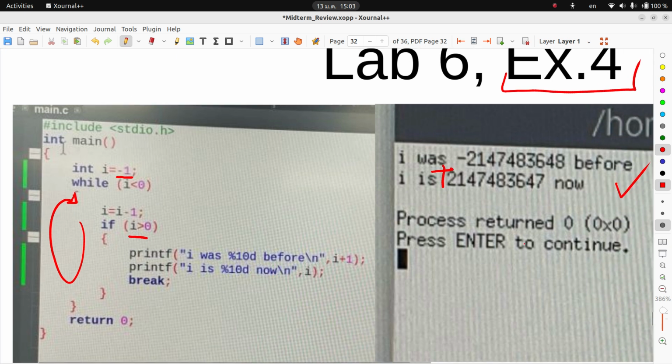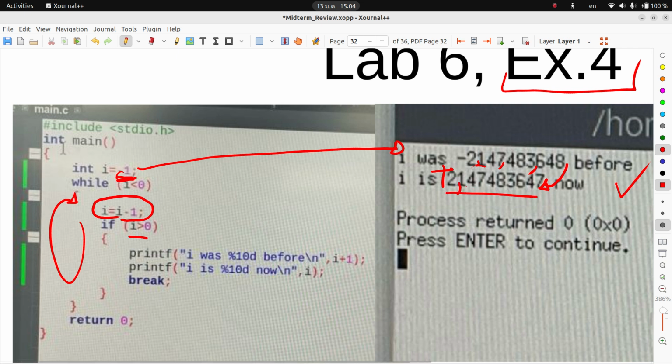Okay? So I start from -1 all the way to -2 billion something. And then once you subtract more from -1 to I, it's going to become a positive number, which is 2 billion something again.